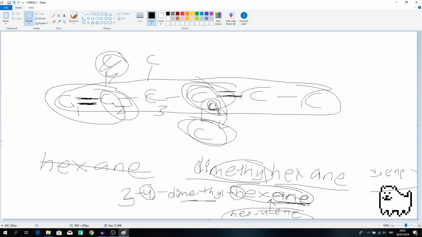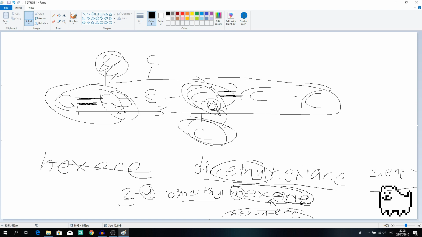See? So you can easily just connect all the rules together so that you can start to name even more complex compounds. These rules can be easily mixed and matched together, depending on the complexity of your compound.